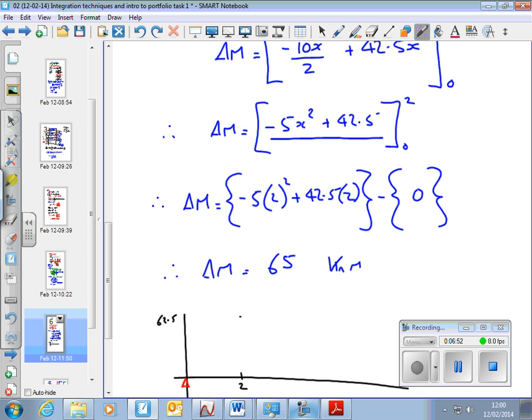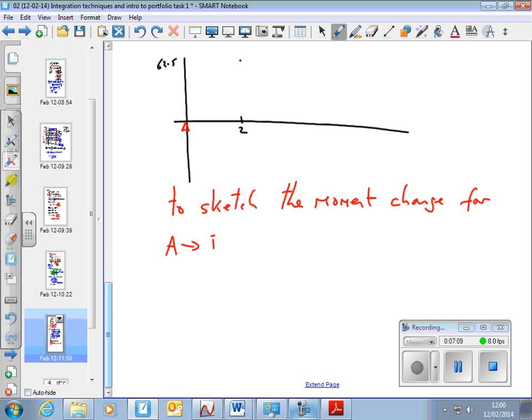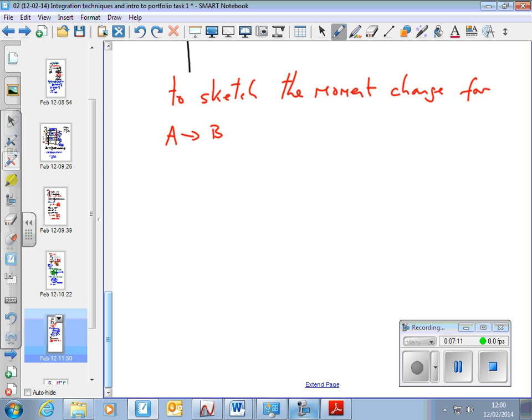So to sketch the moment change, or delta M, for A and B, we have y equals minus 5x squared plus 42.5x plus c, because if I integrate, I get that constant of integration.